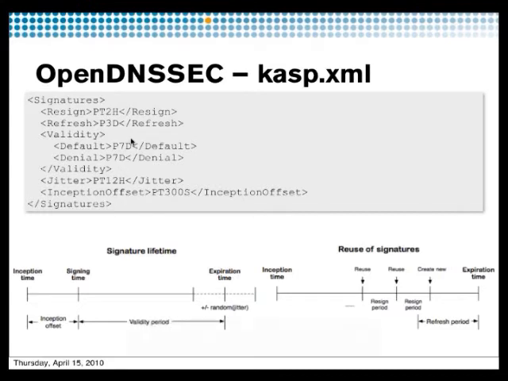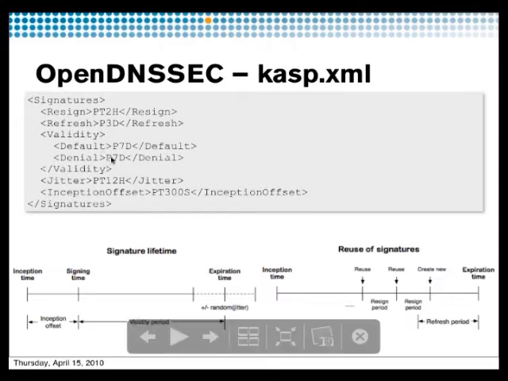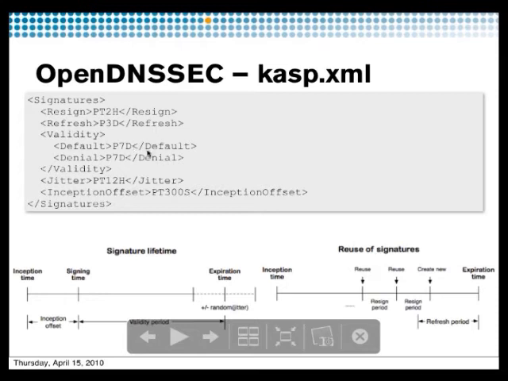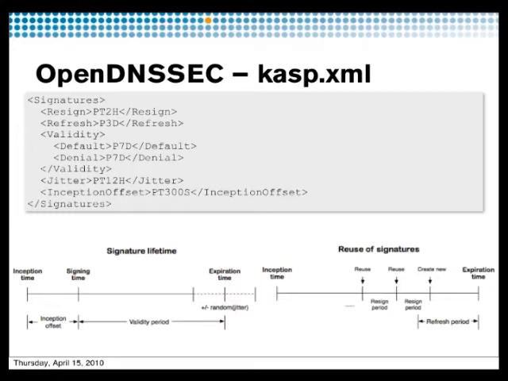And I think the reason why we have split it up in 2 different parts was because we as a TLD had some requirements from our slave server operators to set the validity on NSECs higher so they don't get too many changes in the zone, because I think most of our signatures will be on NSECs, and if we create the signatures too often, then they will get higher traffic, and they didn't want that. But we still wanted to have a lower value on the rest of the zone for the information that we were authoritative for.